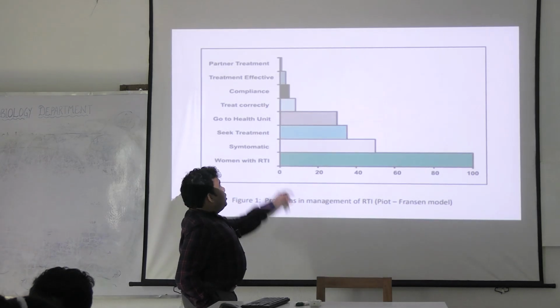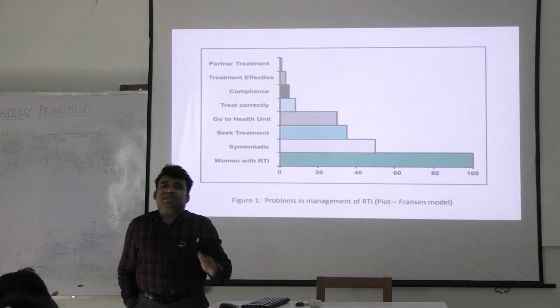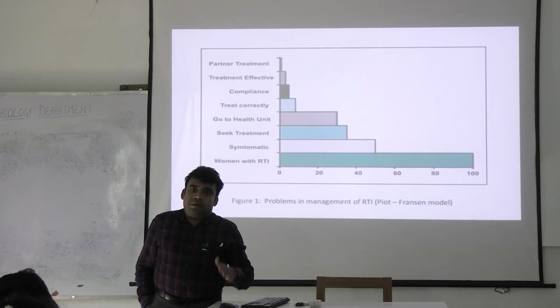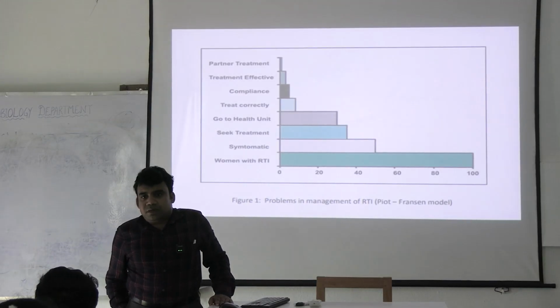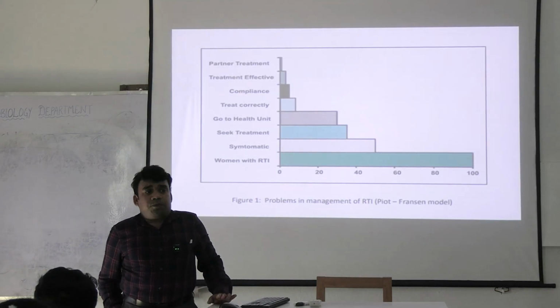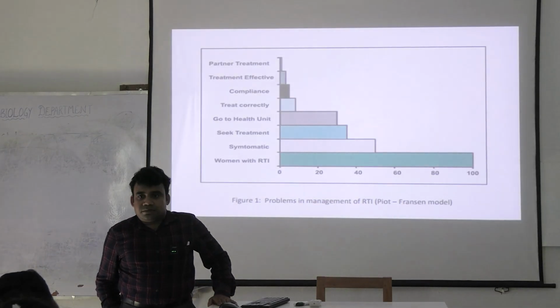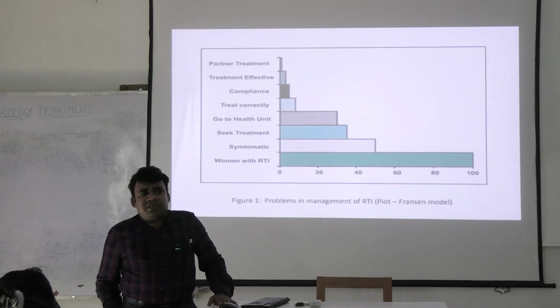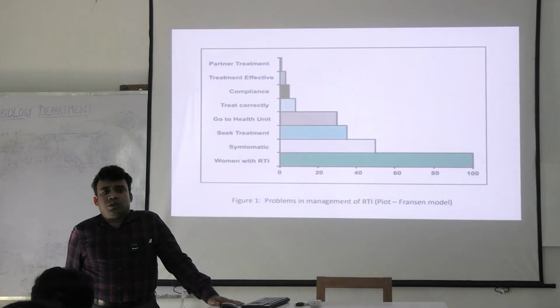Further, fewer people will agree with the treatment and undergo proper testing. Even fewer people will complete the treatment, and a very important problem that is seen is the treatment of the sexual partners. Less than 1% of the partners of this woman actually get treated.